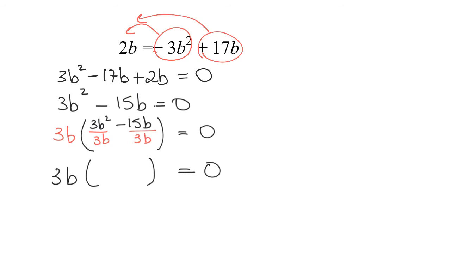So inside the bracket, we've got 3 divided by 3, which is 1, and we've got b squared divided by b, which is b. We have a subtraction sign. And then we've got 15 divided by 3, which is 5. And then these b's, b divided by b, they're just going to cancel out. So our final factored equation would be 3b multiplied by b minus 5.